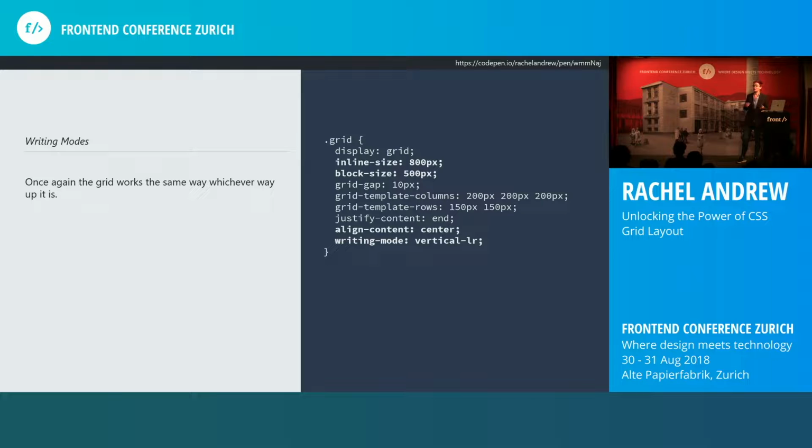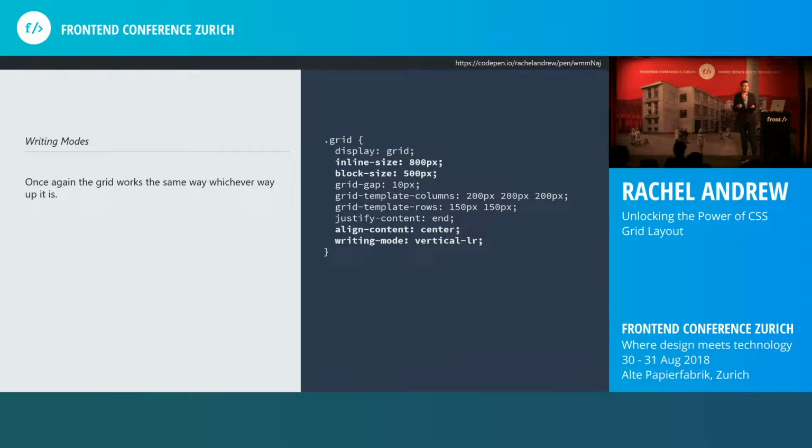All the code for this talk is online. If you look at the code, you'll see the use of block size instead of height and inline size instead of width. These are new logical properties. CSS in general is moving away from being tied to physical dimensions. We're getting aliases for all of those physical things, making logical versions of them.